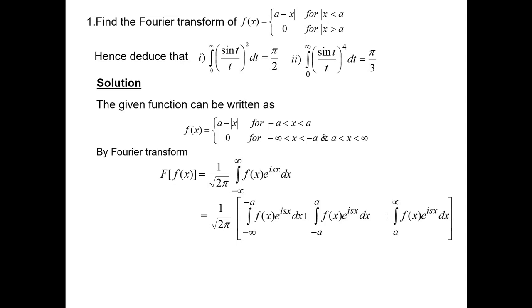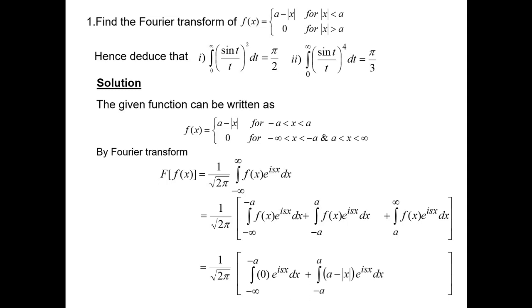In the first integration, the integral over minus infinity to minus a, our f of x value is 0. Therefore, the first term is 0. But in the second integration, the integral over minus a to plus a, our f of x value is a minus modulus of x.